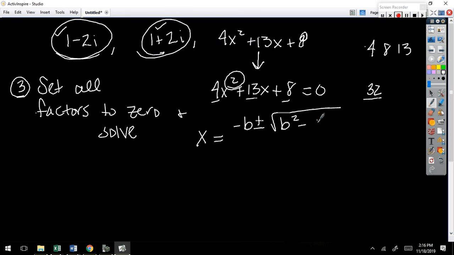So I have negative 13 plus or minus square root of 13 squared minus 4 times a times c all over 2a.